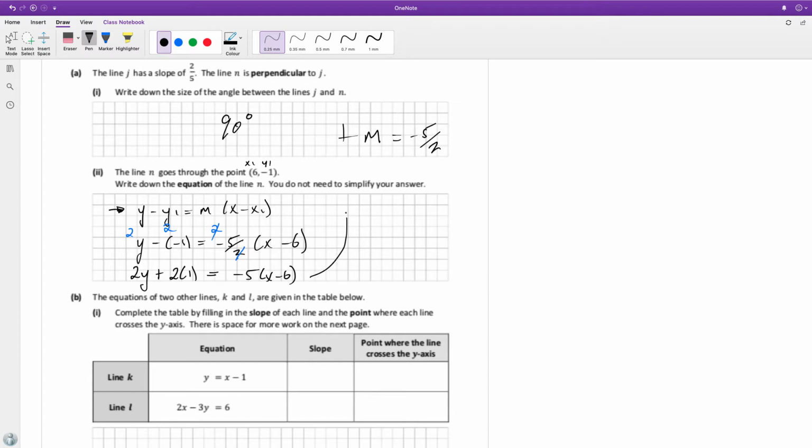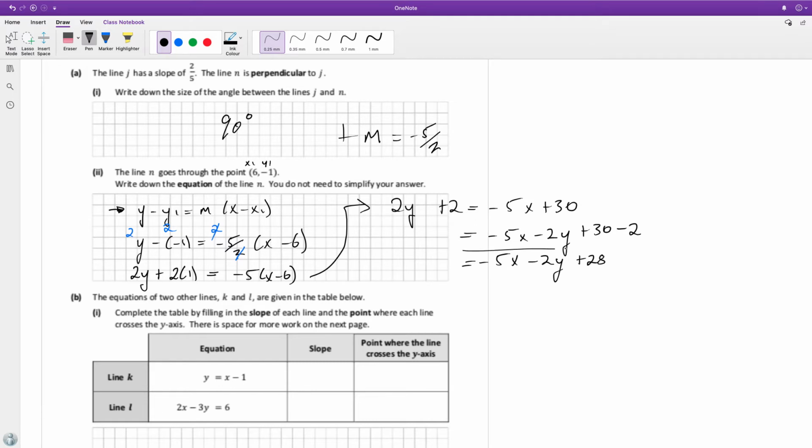Is that okay? Up here, 2y plus 2 equals minus 5x, minus 5 by minus 6 is plus 30. Move everything to one side: minus 5x minus 2y plus 30 minus 2 is equal to minus 5x minus 2y plus 28. Is that okay?